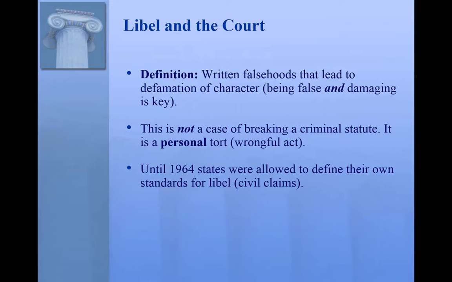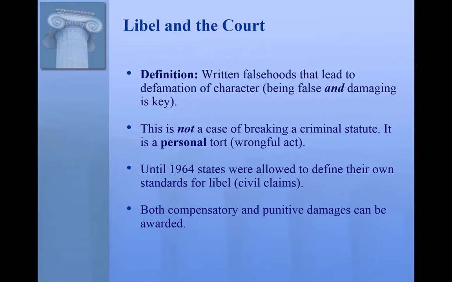So until 1964, the states were allowed to create their own standard for these civil claims, and thus we had different standards in each state for what constitutes a false and damaging statement. After 1964, the court attempted to codify these, and states codified them to make this area of tort law more consistent.